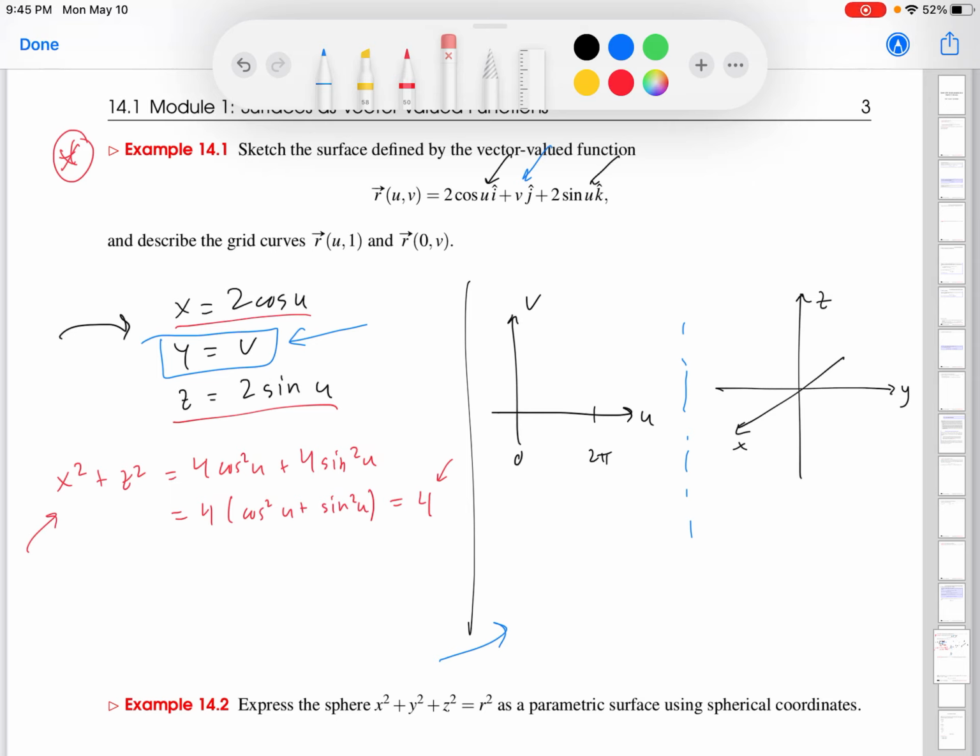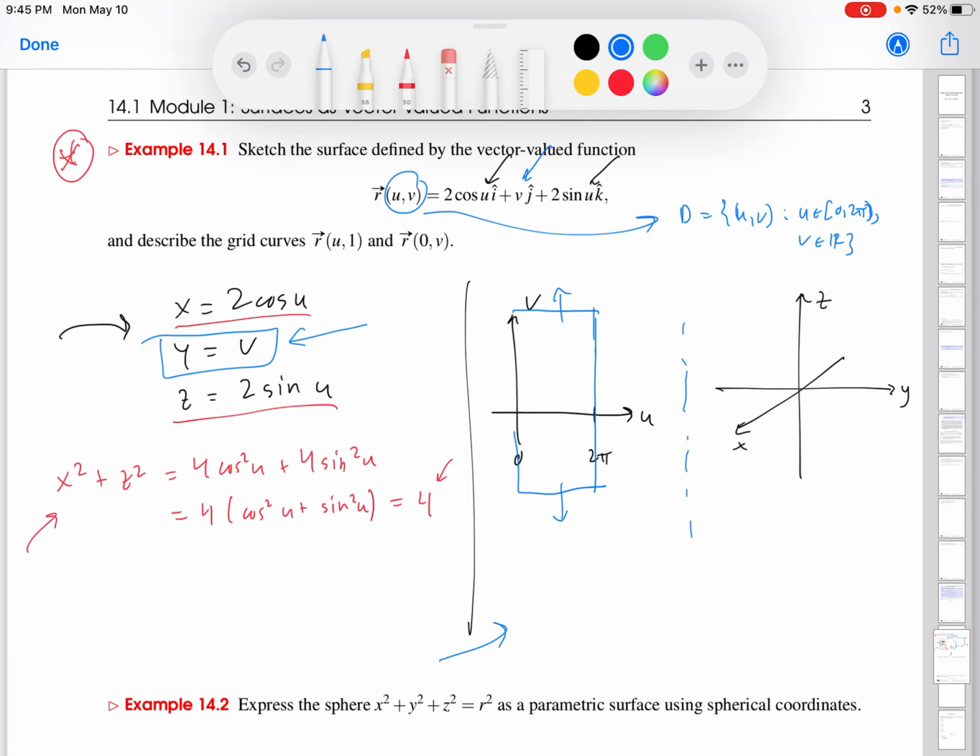So really, the region D over which u and v are defined is the set of u, v such that u is between 0 and 2 pi, and v is any real number. So that's kind of this half plane here, which goes up and down forever.